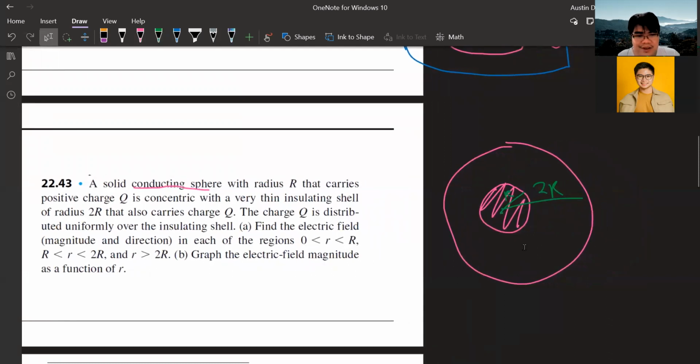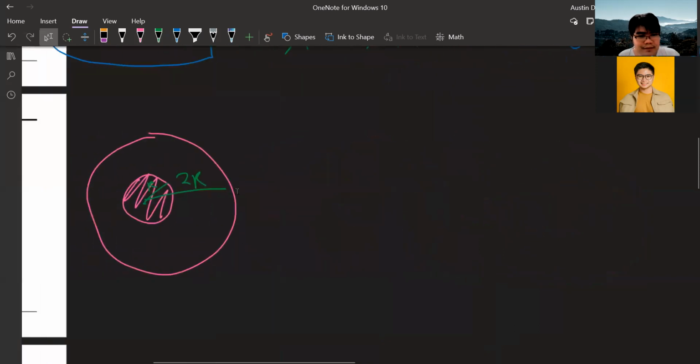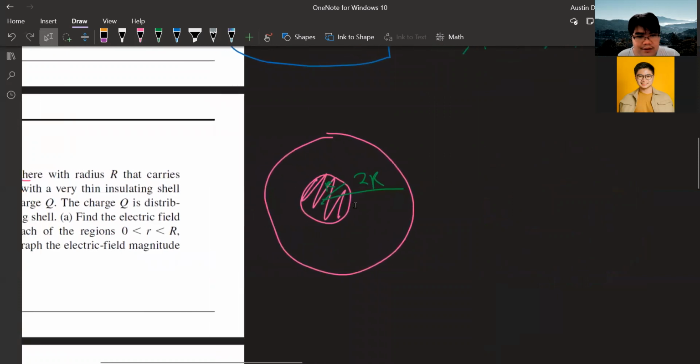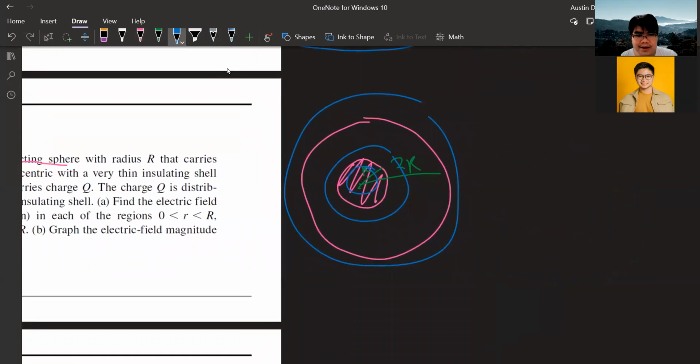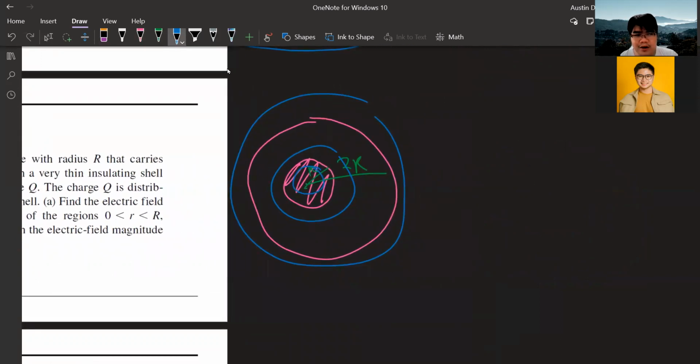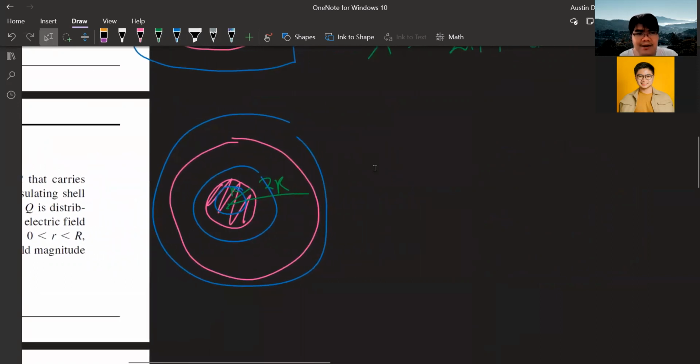Spherical naman yung system natin ngayon, so you can use Gauss's law. So gagamit ka lang ng mga different Gaussian surface. May Gaussian surface ka dyan, dyan, and dyan. So yung Gaussian surface mo ngayon would be a sphere. And then you'd always denote it as r, small r.